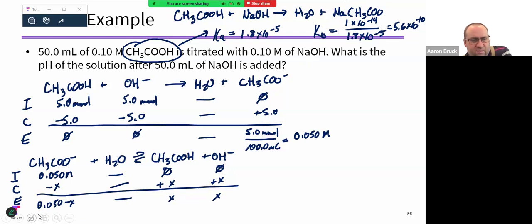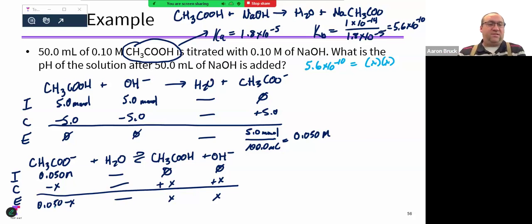So setting up my equilibrium calculation, 5.6 times 10 to the negative 10th is equal to X times X over 0.050. Even though this is a lower concentration of the acetate ion at 0.05, this being 10 to the negative 10th, we're going to be able to ignore that minus X term pretty easily. 5.6 times 10 to the negative 10th times 0.05 is 2.8 times 10 to the negative 11th.